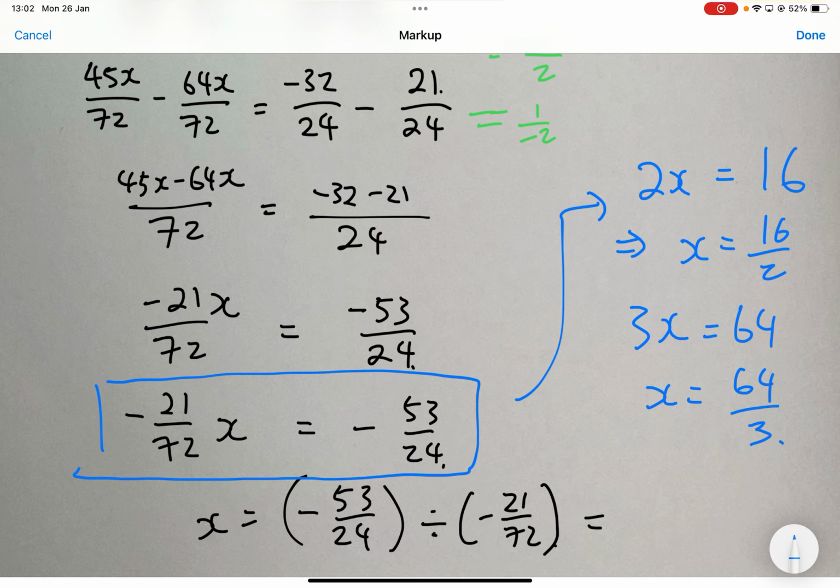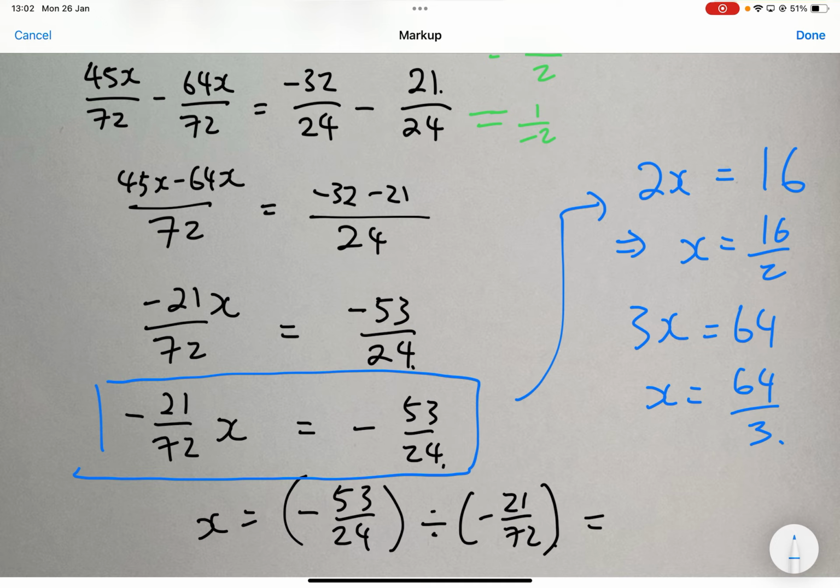Okay. See, if 2x equals 16, I want to find out x, I will divide 16 by 2. If 3x equals 64, I want to find out x, I will divide by 3. So, I want to go from negative 21 over 72x to become x. Also the same, I just divide both sides by this number. Whatever number comes in front of x, I divide, I will get the answer.